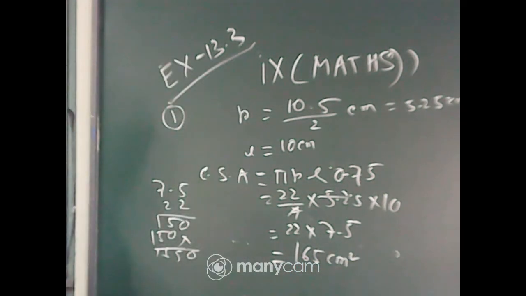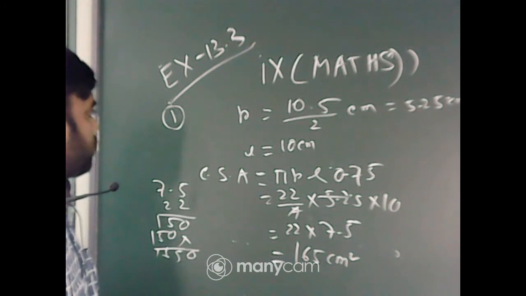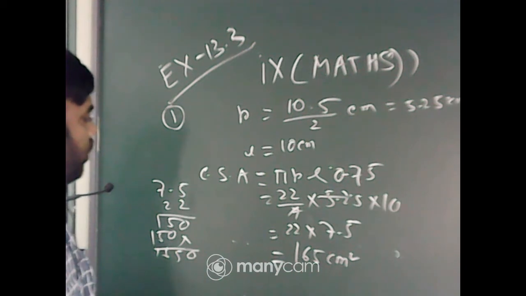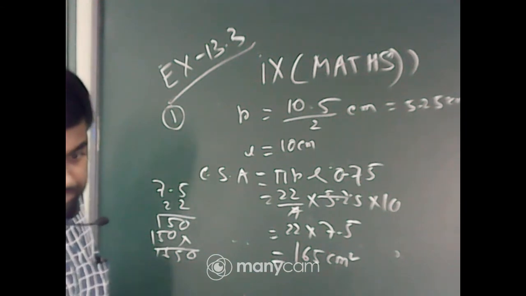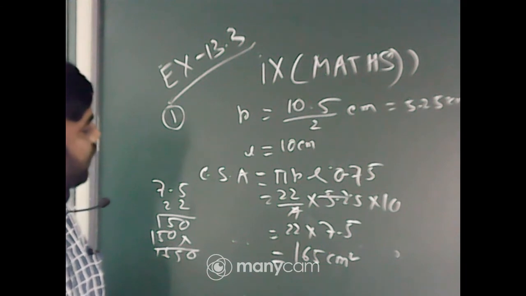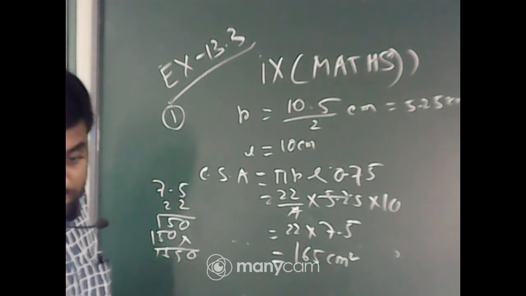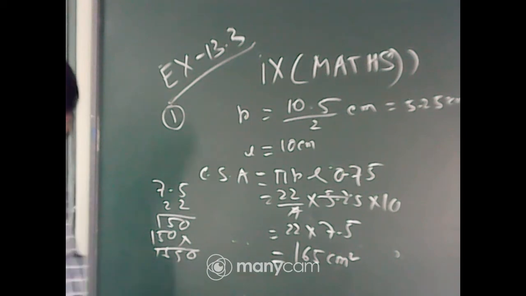So the curved surface area of that cone is 165 centimeter square. Got it, everyone? Any problem regarding the first sum? Okay, no sir.